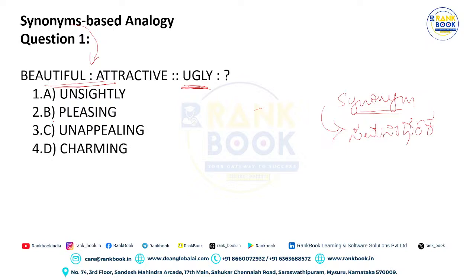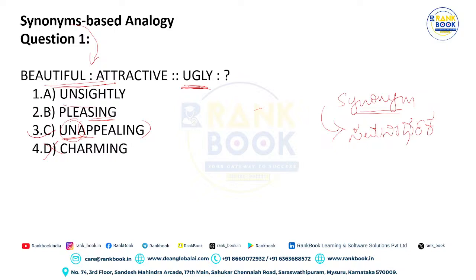So now charming, what do we mean by charming? Charming is something very close to beautiful. The guy was very charming, you know. So we use words like this. Unappealing. See, appealing is appealing to the eyes, something that looks very good. So if you add un to it, this is the right answer. Pleasing is not the answer.